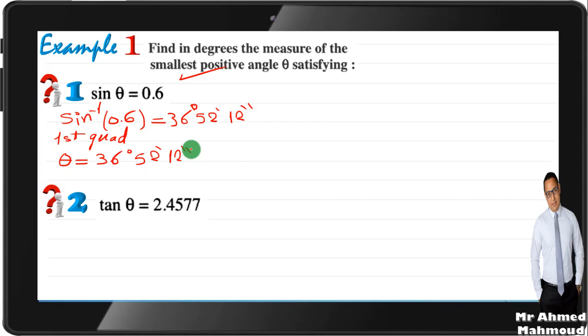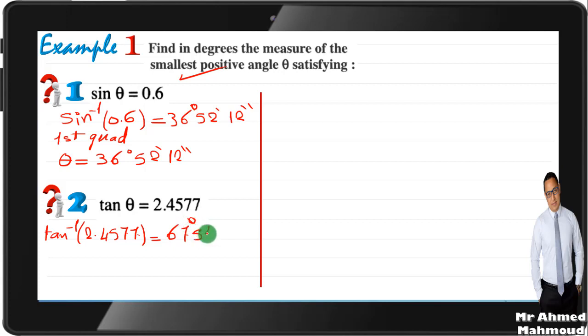Now number 2, tan theta equals 2.4577. First shift tan 2.4577, equal: 67 degrees 51 minutes and 33.6, which equals 34 seconds.